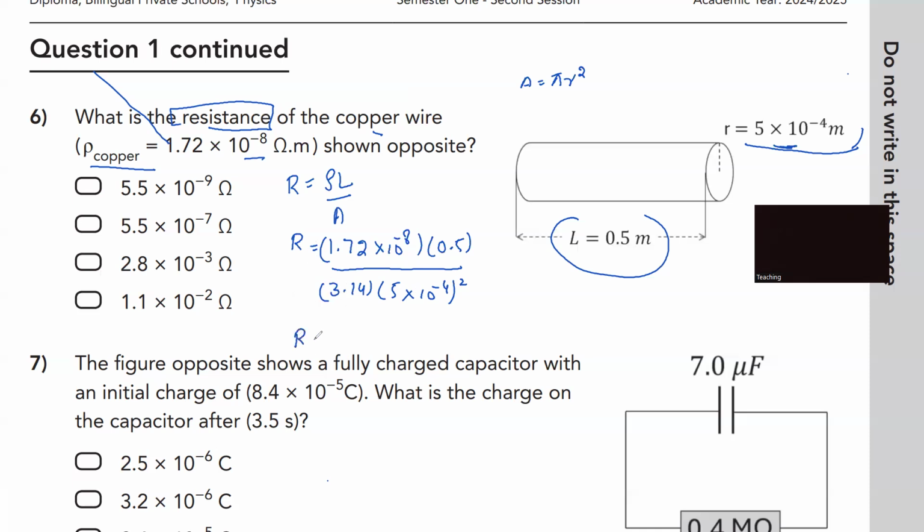So R is equal to 1.72 multiplied by 0.5 divided by 3.14 multiplied by 5 square, which is 25. The upper side has 10 power minus 8 and the lower side, 4 squared, is 10 power minus 8. Just cancel these and you will get the resistance, which is equal to 1.1 times 10 power minus 2. This is the right answer to this question.